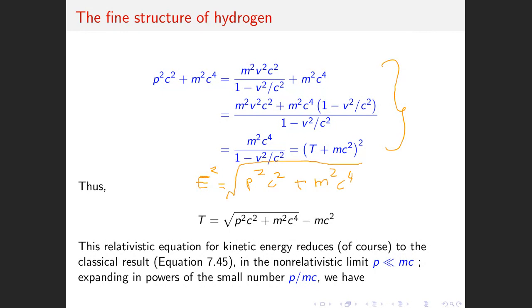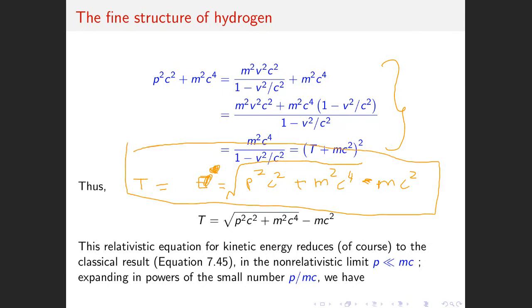Then you take the square root. This is the totality, so to find the kinetic energy, you have to take this energy and subtract the rest mass energy. So this is the result. Is everyone happy with this derivation? You probably have seen it when you did the course in special relativity.